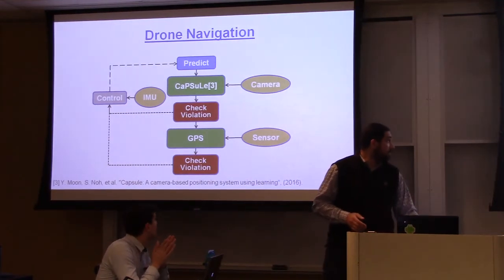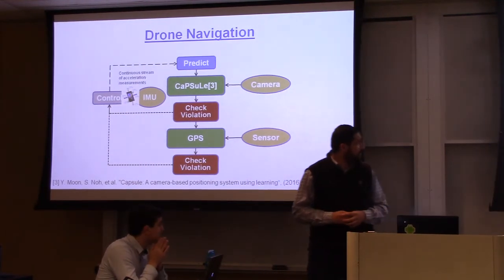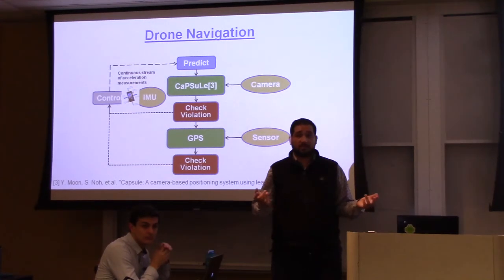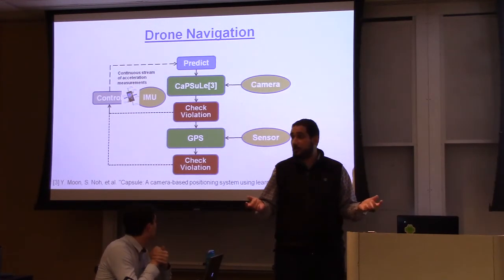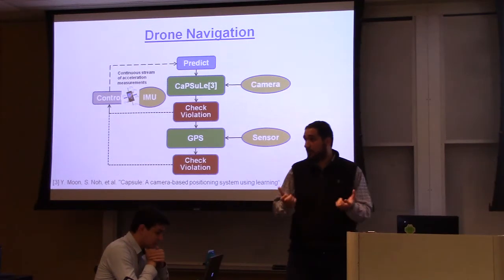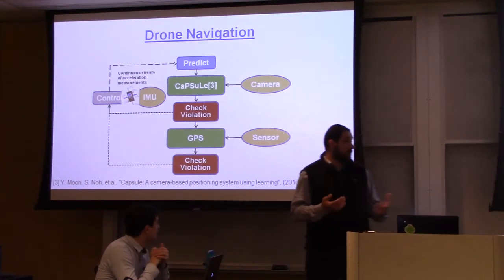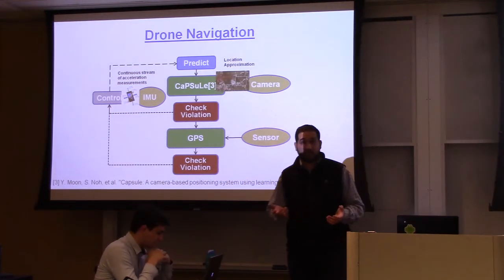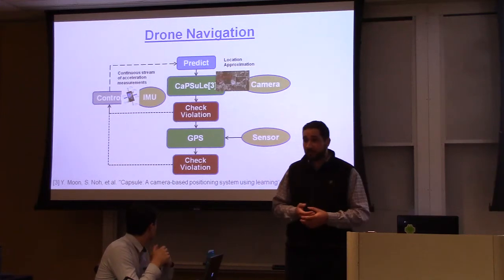So we have three data agents here. A continuous stream of acceleration measurements based on the accelerometers and gyroscopes of the device. And also the data stream coming from Capsule, which is an approximation of the location based on comparison of the images.